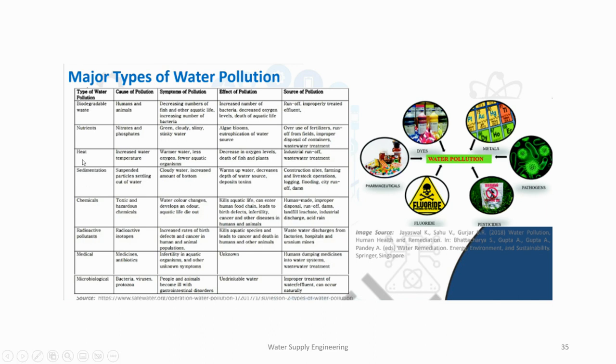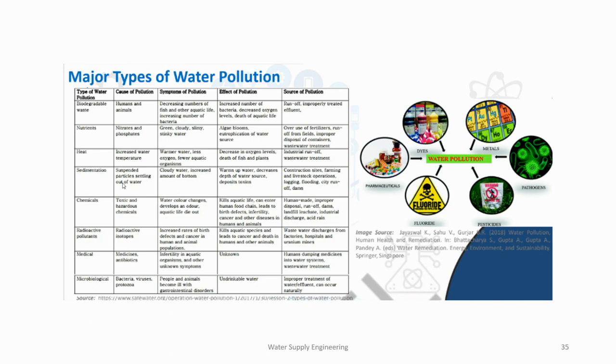All right. So the third one is heat, that is increased water temperature. This will also reduce the dissolved oxygen and will cause the death of fish and plants. This is particularly due to the discharge of improperly treated effluent from industries. Next one is sedimentation. Sedimentation is where suspended particles settle down.